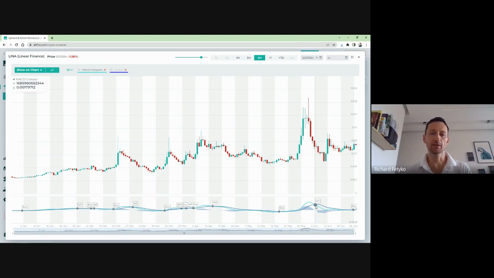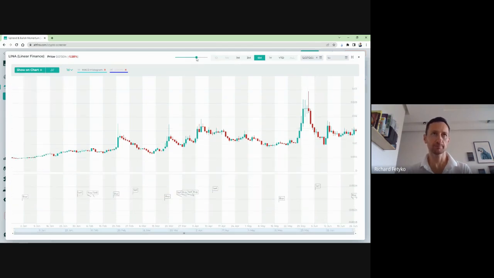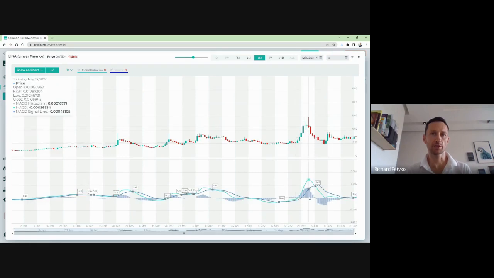Another way to get closer to the top is by using the MACD histogram bars. These blue bars here are called MACD histograms. These histogram bars basically measure the distance between the MACD line and the MACD signal line.